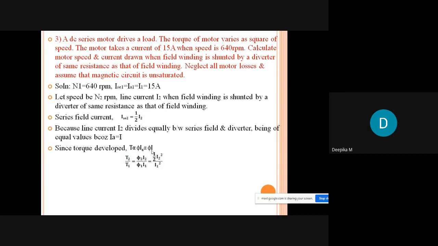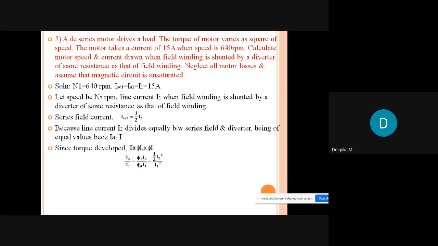So T2 is proportional to phi 2 I2, and T1 is proportional to phi 1 I1. If I remove the proportionality constant, I can write the equal sign. Therefore T2 by T1 equals phi 2 I2 divided by phi 1 I1.